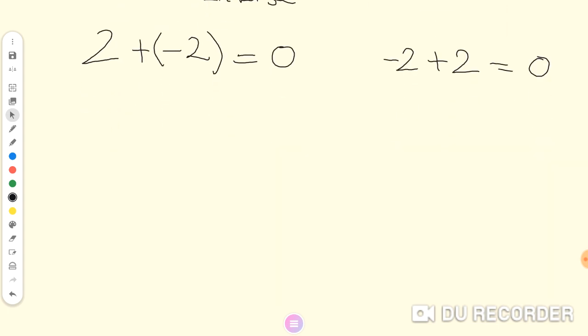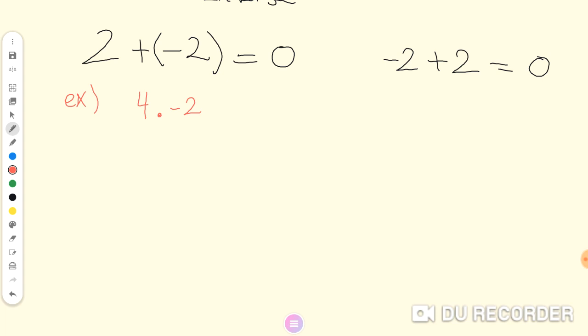If we want to multiply 4 times negative 2, what should we do? I'll do it with the additive inverse.